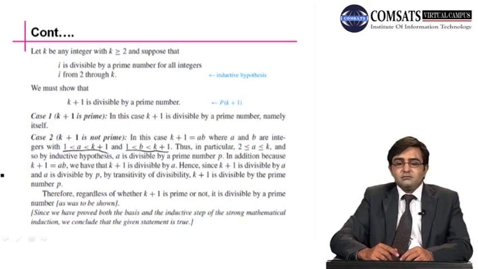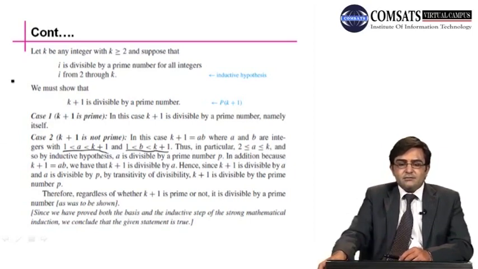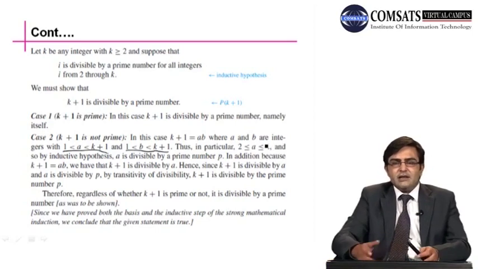Why? Because here we have supposed that i is divisible by a prime number for all integers i from 2 through k. Here a is from 2 to k. It could be any number.